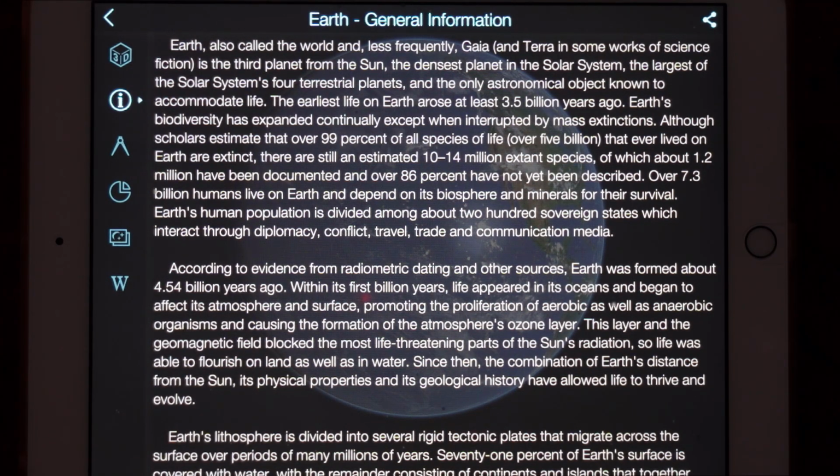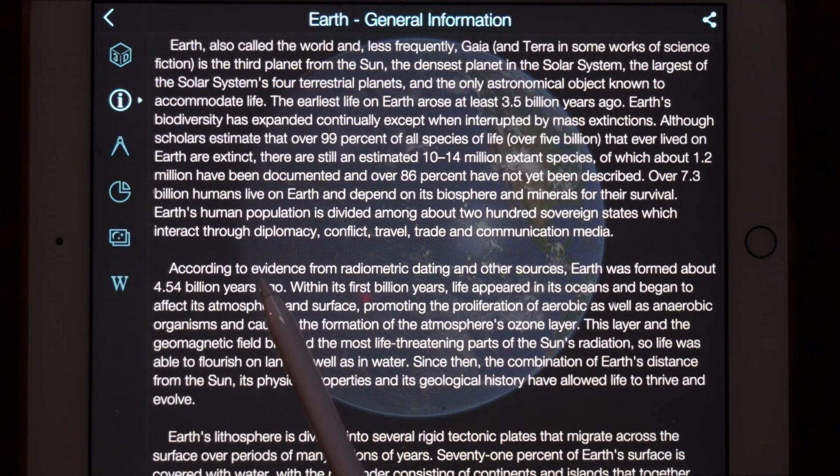Earth's human population is divided among about 200 sovereign states which interact through diplomacy, conflict, travel, trade and communication media.